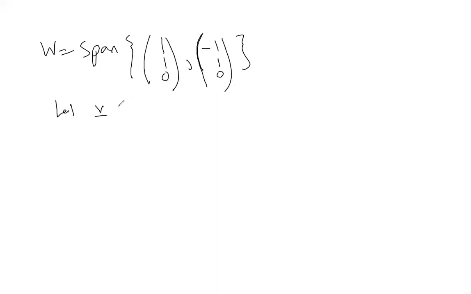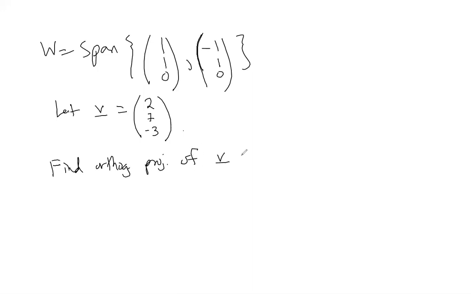Let V equal (2, 7, -3). And you want to find the orthogonal projection of V onto W. So why don't everyone try to work on this for a little bit? We'll do this for about 2 minutes or so, and then I'll go over it, and then we'll end there probably.